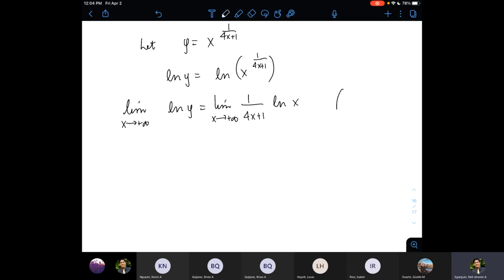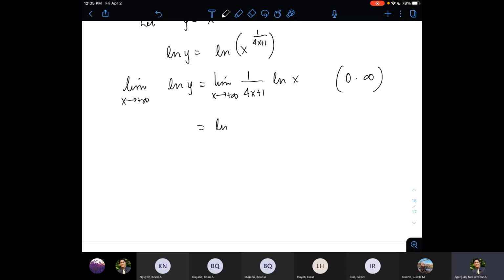So here, if I imagine x to be a very large number, the first factor will go to 0, right? And the second factor will be the ln of a very large number, which will also be a very large number, so this is infinity times 0, which is indeterminate.